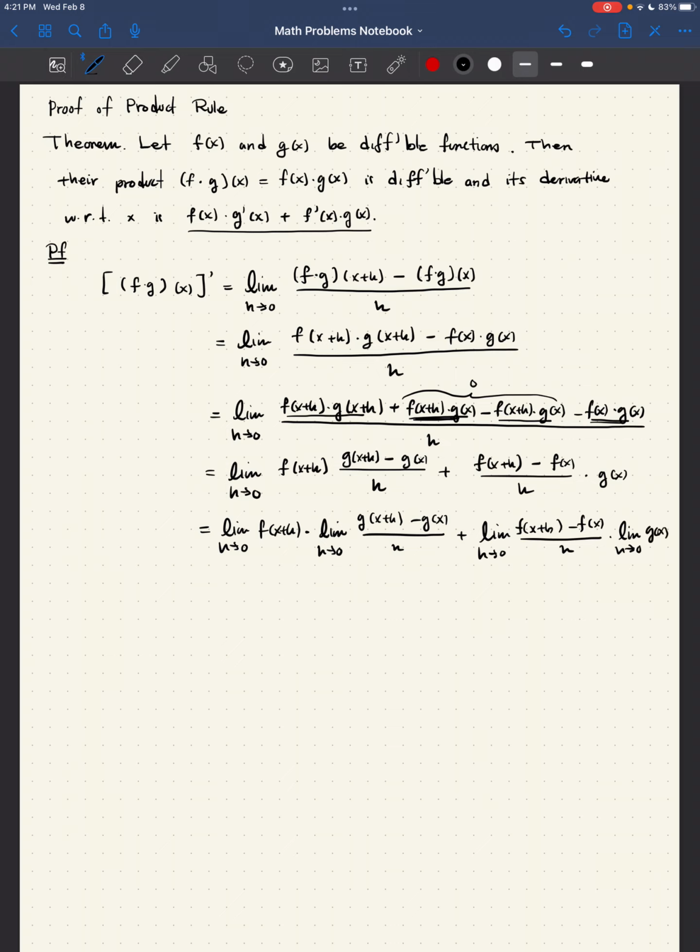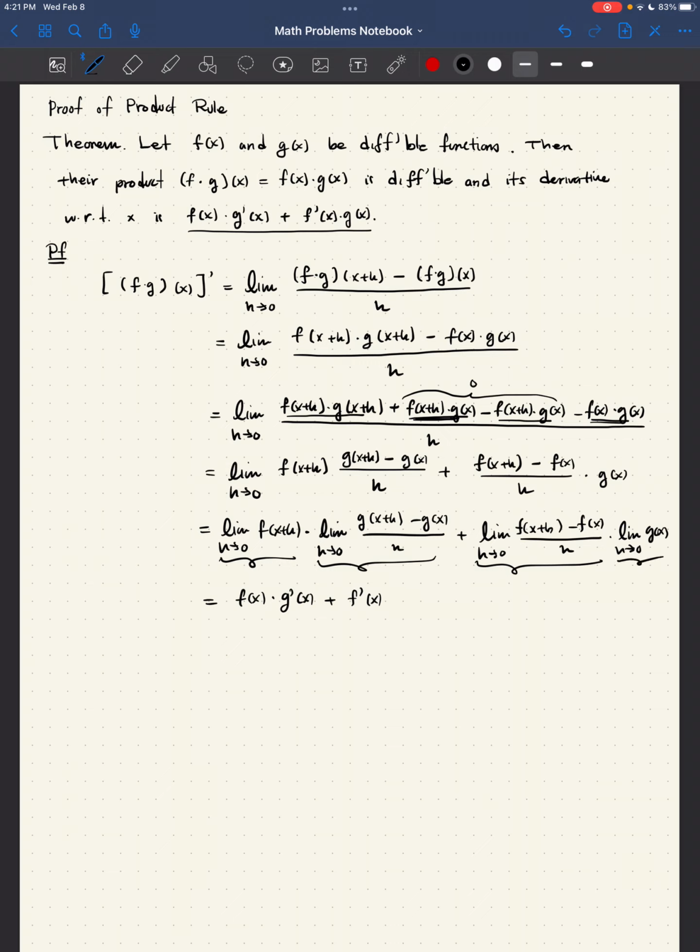Of course, over here, f being differentiable is also continuous. So this is nothing else but f of x itself. This one is by definition the derivative of g, so g prime of x. This one, by definition, is the derivative of f, so plus f prime of x.